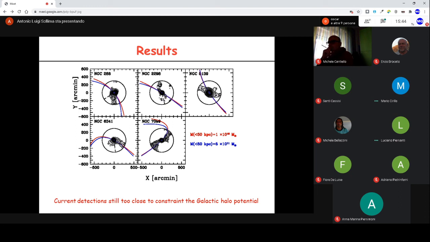Within the limited area I considered, there is no space to distinguish between these 2 masses. But for some clusters, for instance NGC 1799, just beyond this radius, you can start to see some difference.